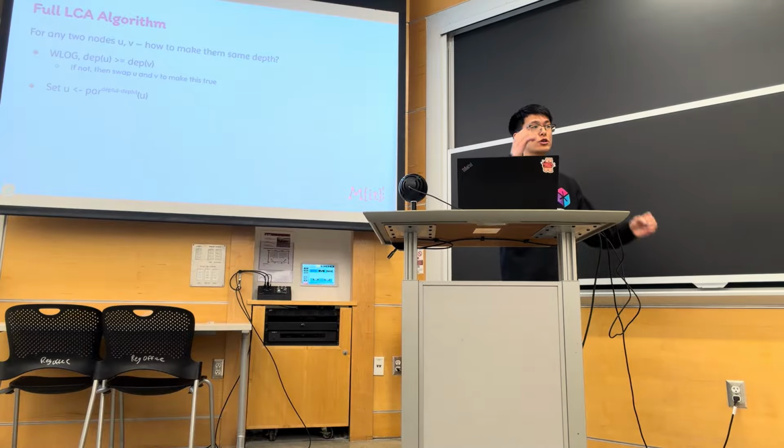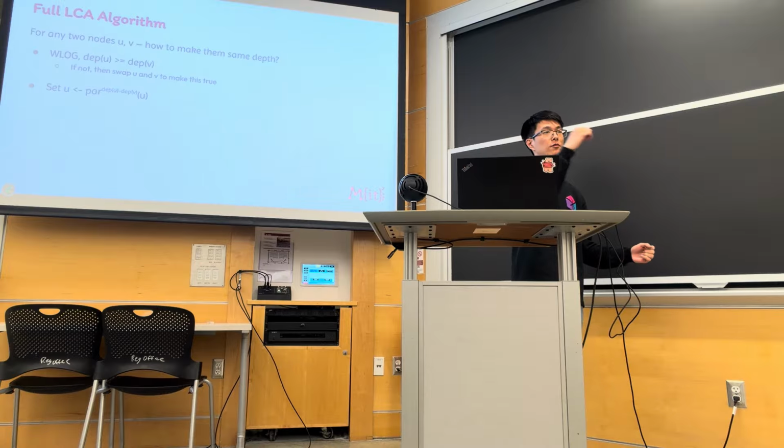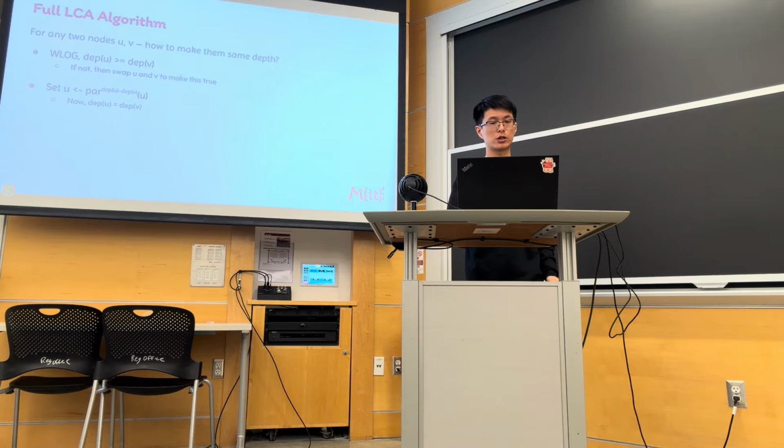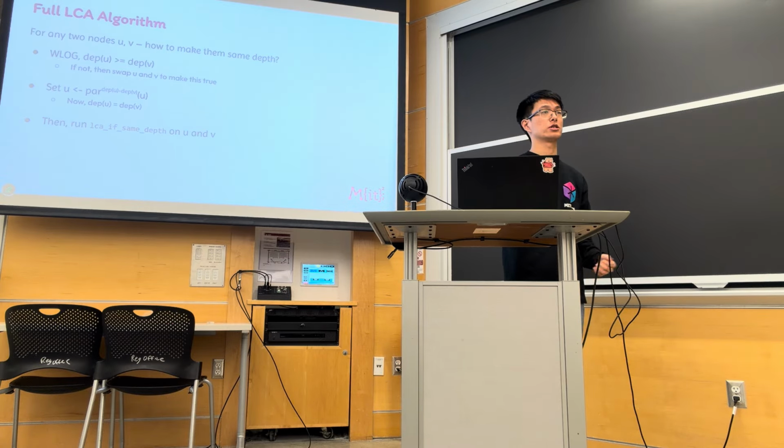Then we want to bring u up to v's level. So u is depth u minus depth v away from v's level. So if we bring u up by that much, they'll now be at the same depth. And we can just run the same depth LCA algorithm on that and find the LCA of any 2 arbitrary nodes u and v.